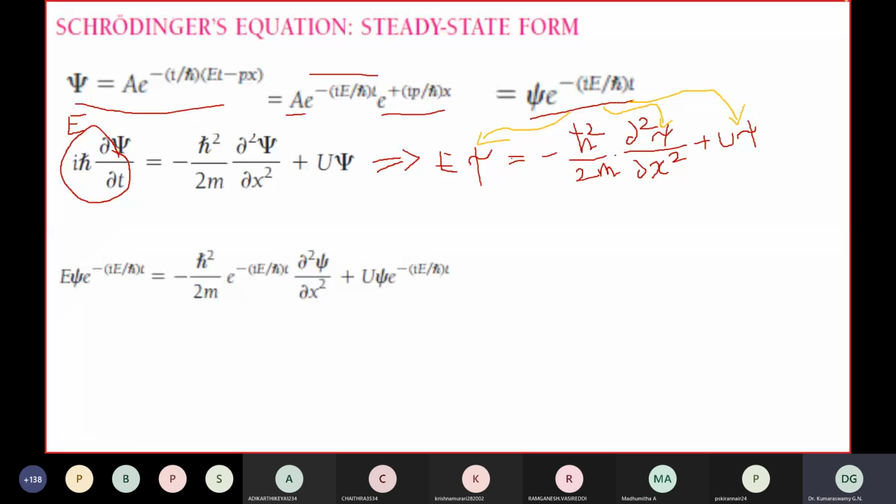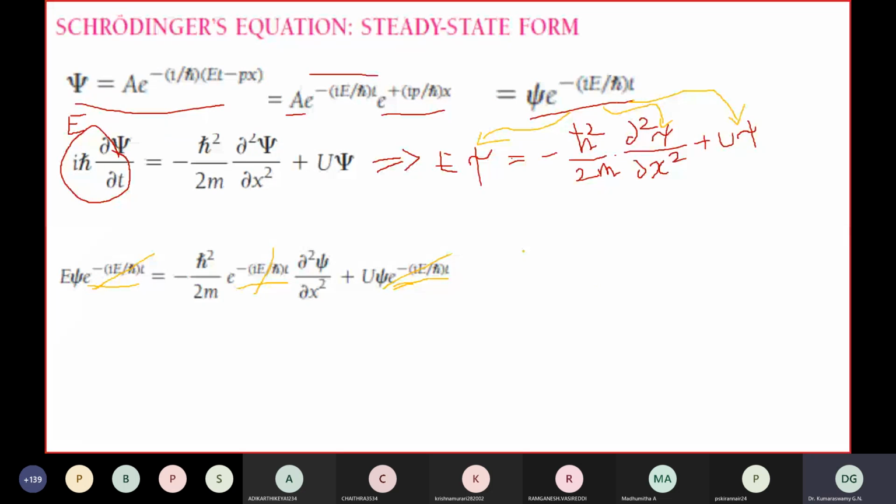Yes or no? Now divide throughout, because this part is constant throughout, and on both sides of the equation it is existing, right? So divide throughout by e to the power of minus iE by h cross into t, so that you get this loose.